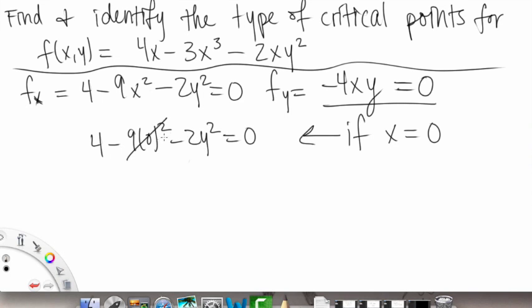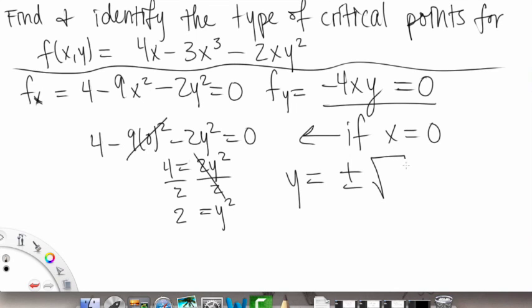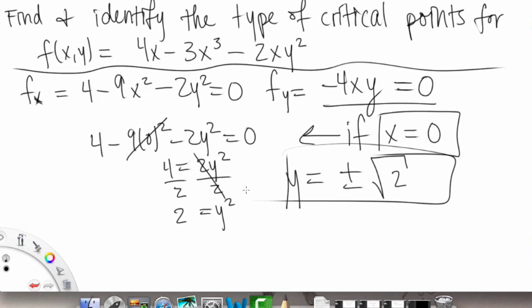So this term goes away completely, and we get 4 equals 2y squared. Divide by 2, and y squared equals 2. So y equals plus or minus radical 2 when you square root both sides. So if x is equal to 0, then y could be either of these values.